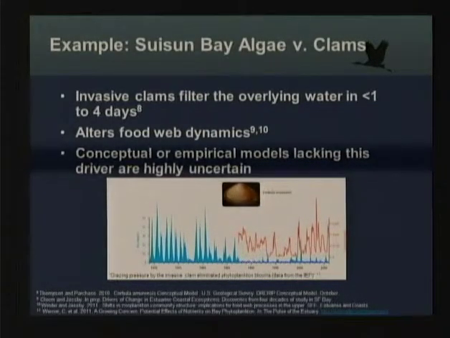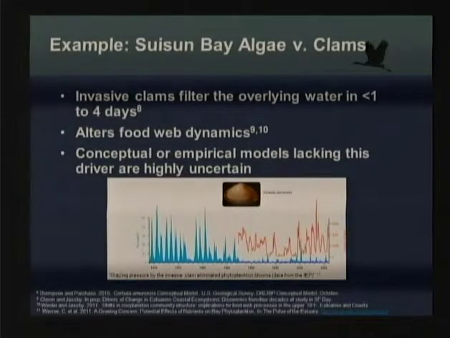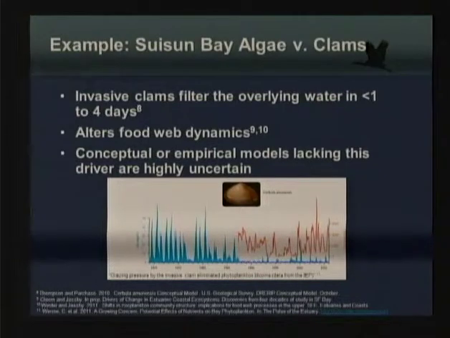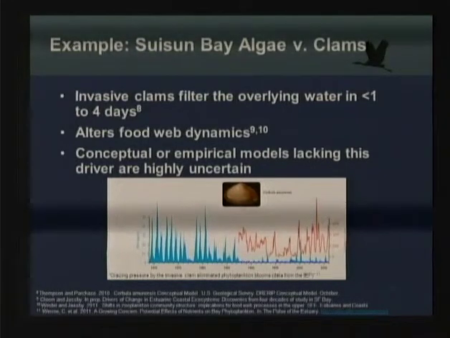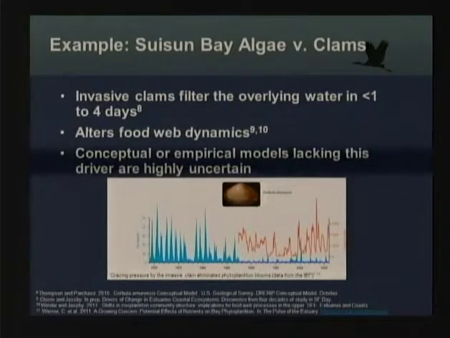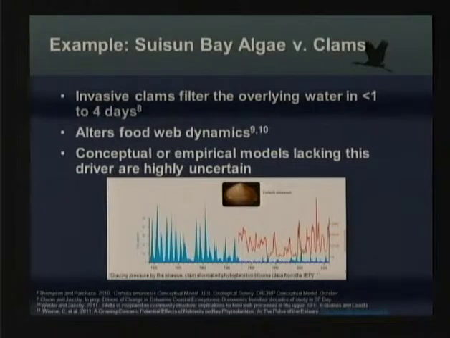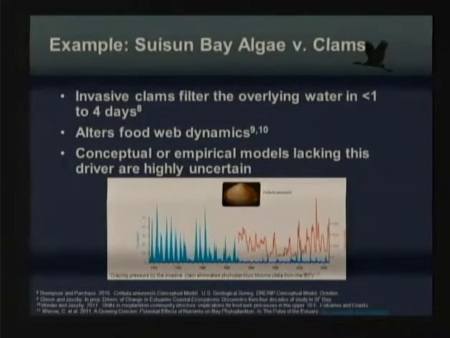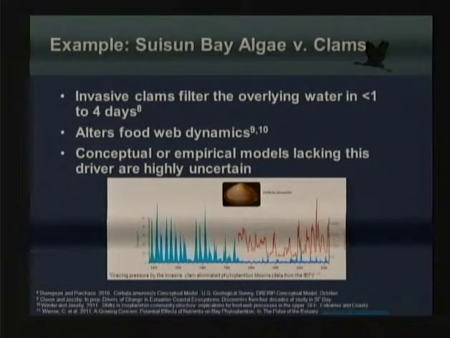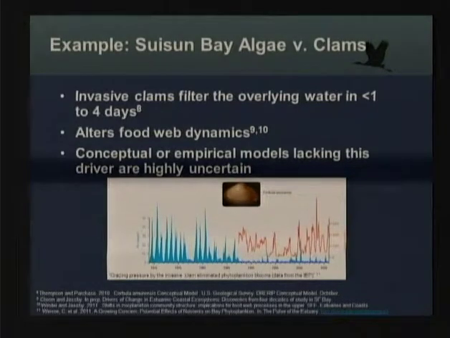Finally, this example is from Suisun Bay, looking at algae versus clams, and this is a figure from the 2011 Pulse of the Delta, or Pulse of the Estuary. It's cited below. But as we heard yesterday from Dr. Kimmerer and others, invasive clams are a major driver in the system.